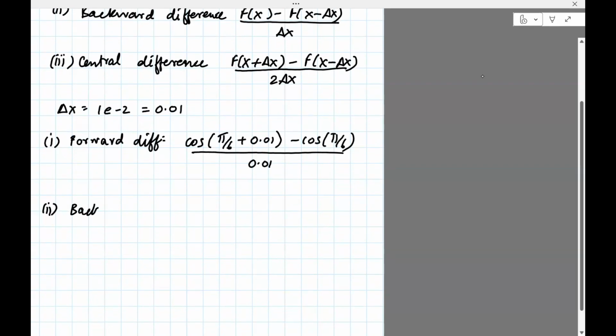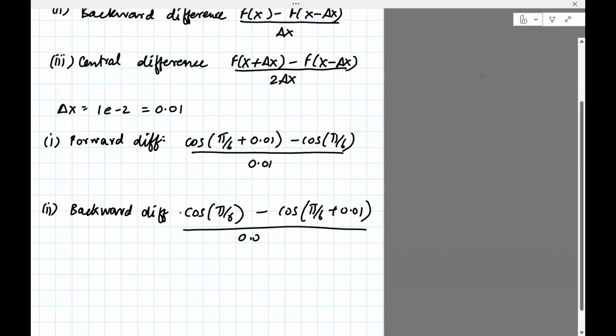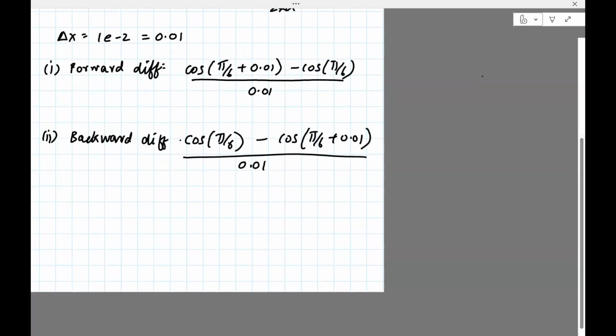Backward difference would be cosine of pi by 6 minus cosine of pi by 6 plus 0.01 divided by 0.01. And then central difference. We give some space to write the answer.